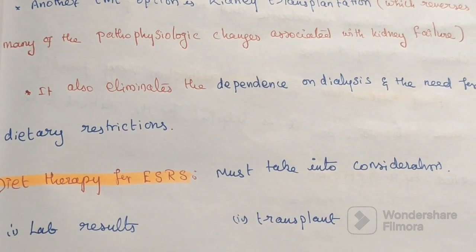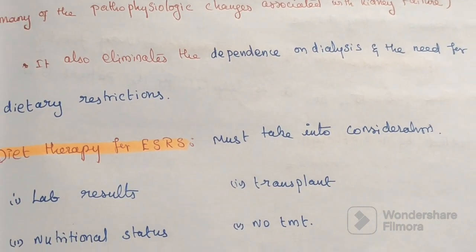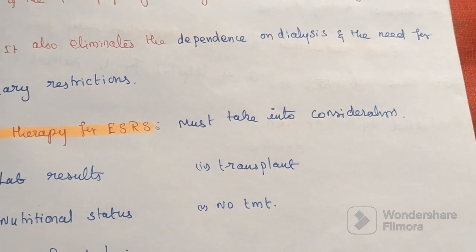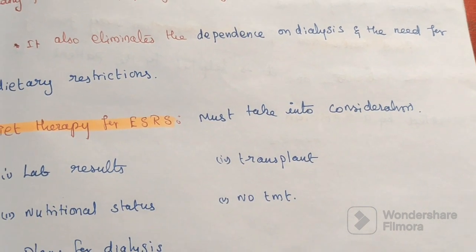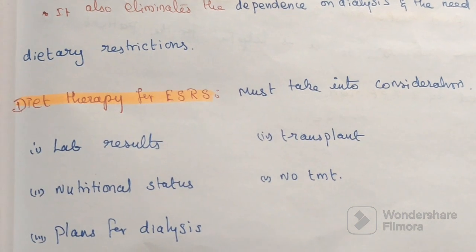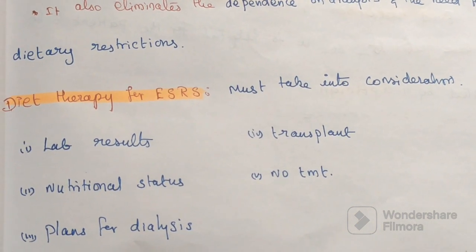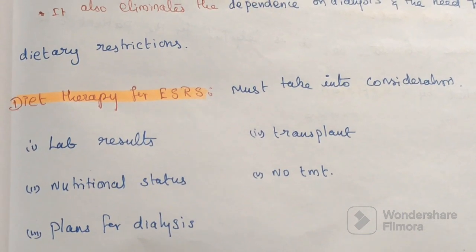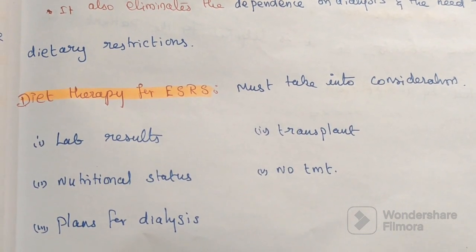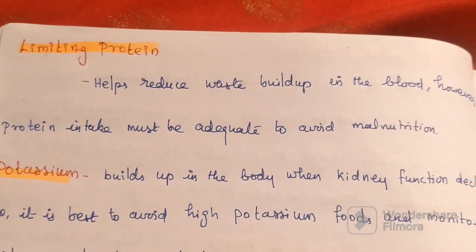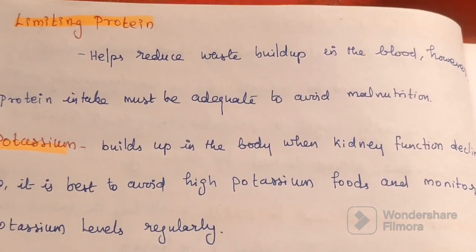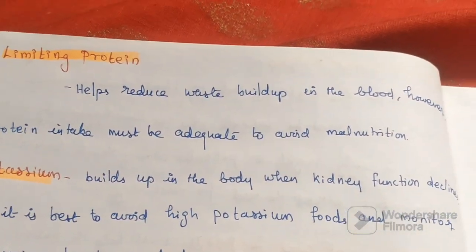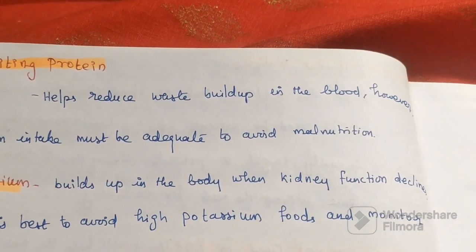Diet therapy for end-stage renal disease must take into consideration the laboratory results, nutritional status, and the plan for dialysis, transplant, or no treatment. Limiting protein helps reduce the waste buildup in the blood. However, protein intake must be adequate to avoid malnutrition.